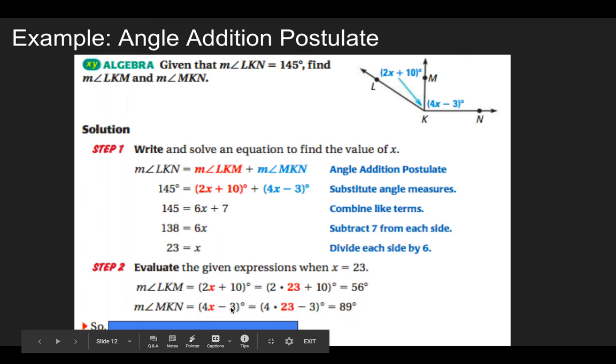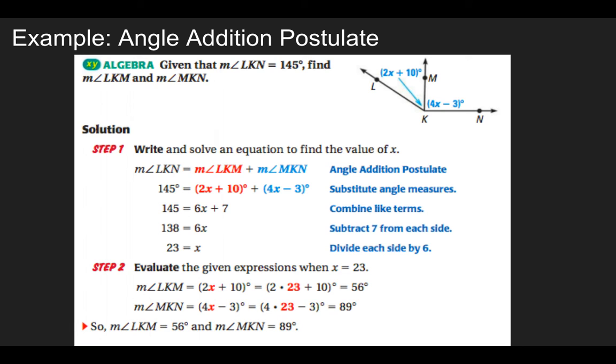MKN is 4x minus 3. Substituting in x, we get 4 times 23 minus 3, and we get 89. Using our calculators, if we were to combine 89 and 56, we would get 145. So that means the measure of LKM is 56, and the measure of MKN is 89.